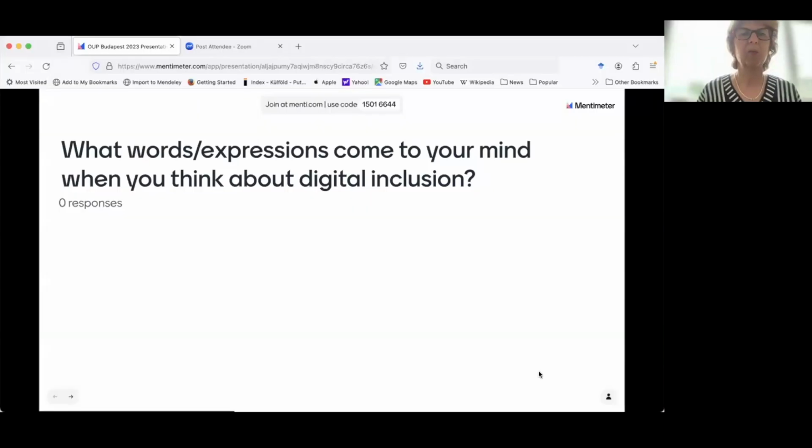But if you prefer the analog version or an alternative version to this task, then I also put the question in the chat box. And then in a moment, I'm just going to present the Mentimeter tasks so that you can start putting in your thoughts, and hopefully we'll get a word cloud.